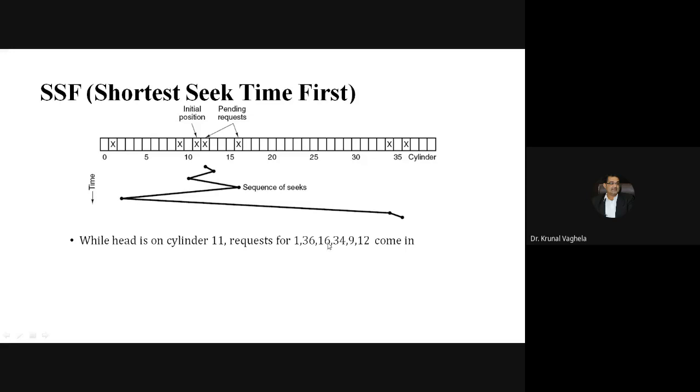Then from 16, what is near? 34, 36, or 1. I think 1 is near, so it will go to 1. Then it will go to 34, and then lastly 36. Now I hope you got the idea how it works. It will check which is the shortest distance, and the head will move from there to that cylinder.